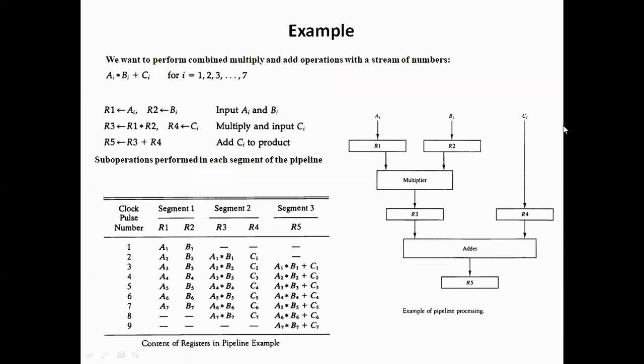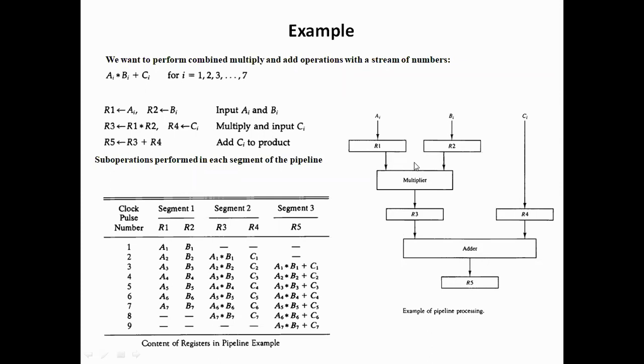At that time, the first segment doesn't remain idle, it takes another job for assembly purposes. So this way we optimize things. And to create this pipeline, we need to put the circuit in a certain way and use intermediate registers. So this is a simple example telling us what a pipeline is.